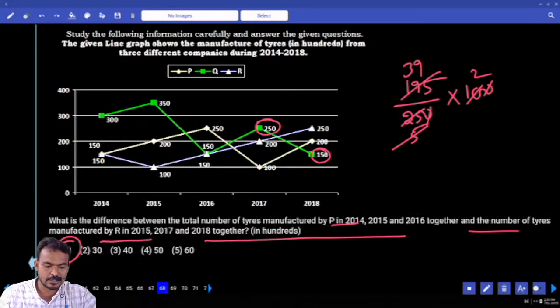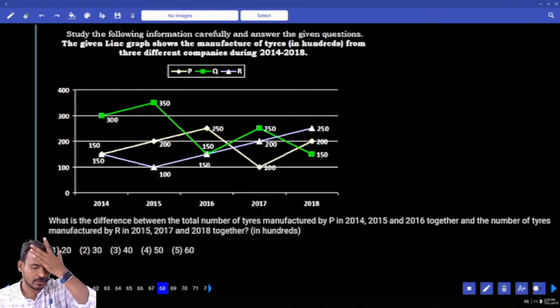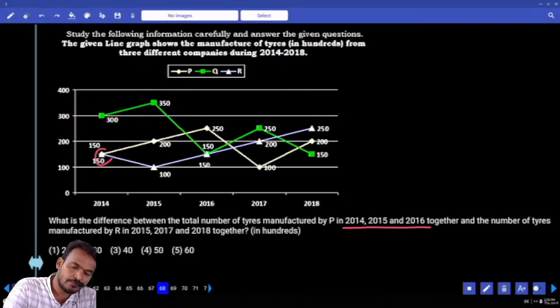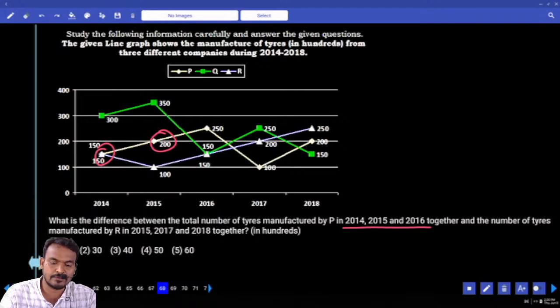Next question number 68. What is the difference between the total number of tiles manufactured by P in 14, 15, 16? What is the P value in 14? 150. And 15, 200. 150 plus 200, 350. 350 plus 250, 600.